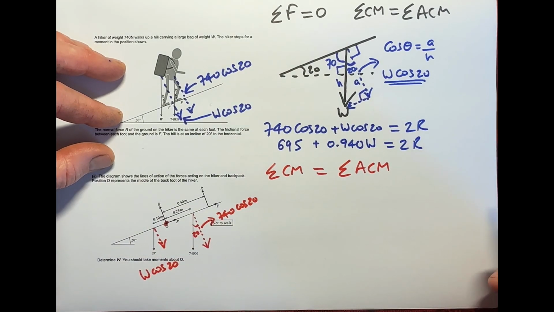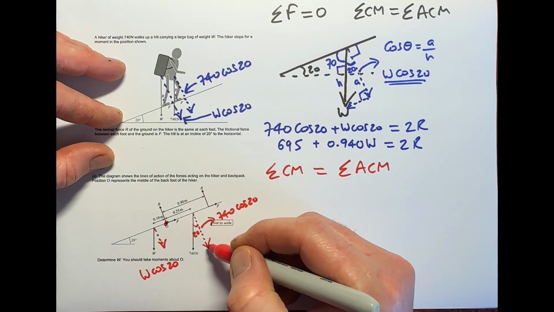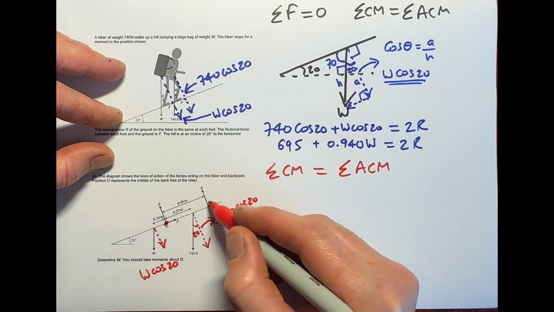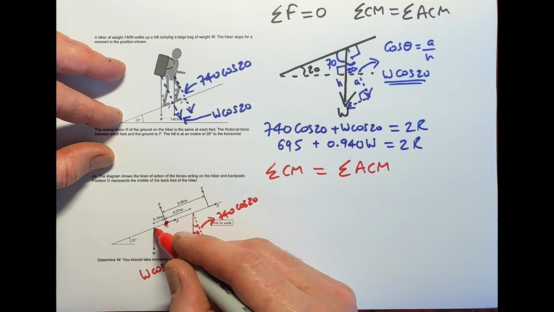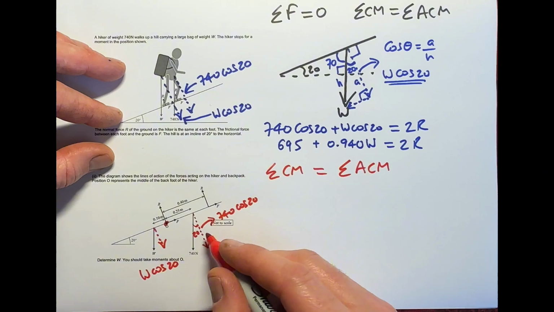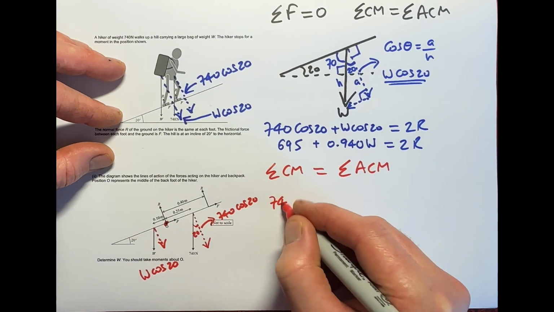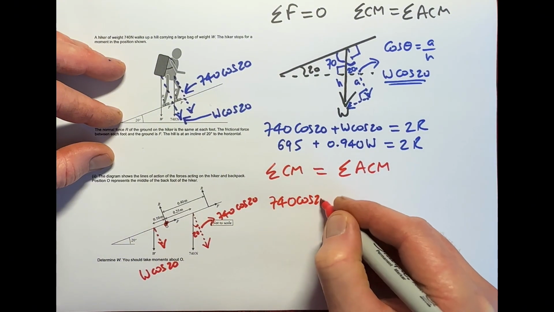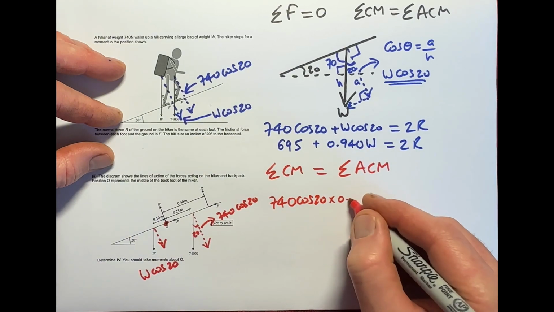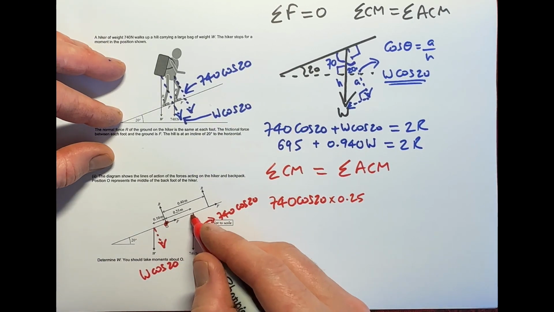All right, so we've got this force acting, causing a clockwise moment, this force causing an anti-clockwise moment about O, and this force also causing an anti-clockwise moment about O. So clockwise moments, we've got 740 cos 20, that's that one, but multiplied by the distance, which is 0.25, the distance from the pivot.